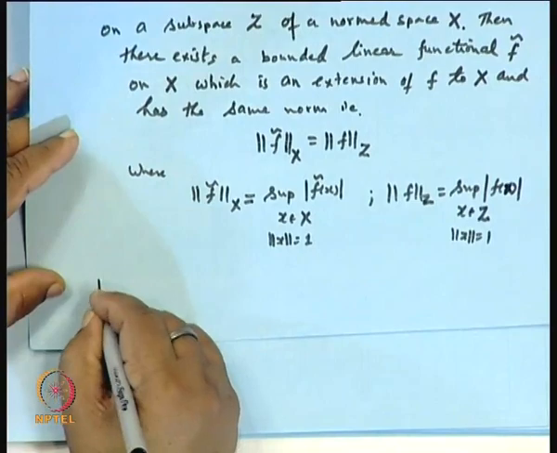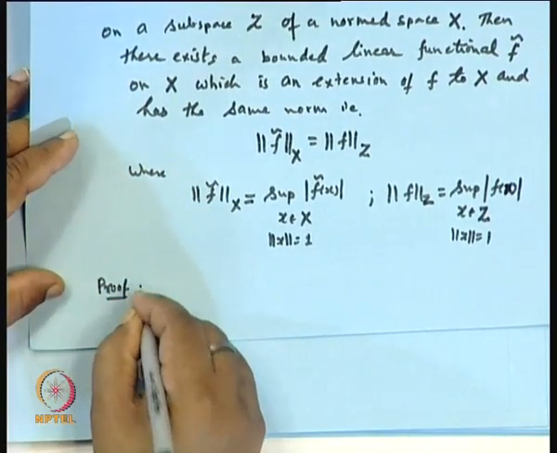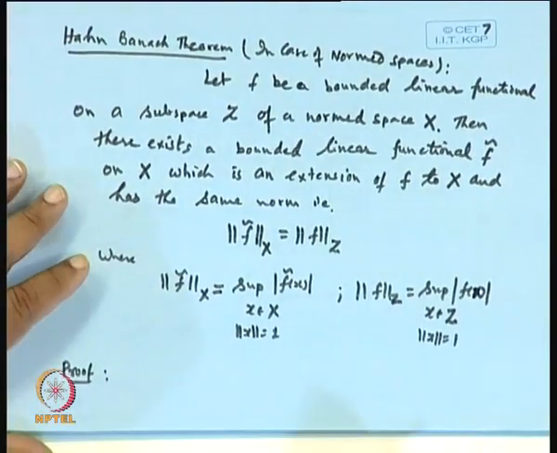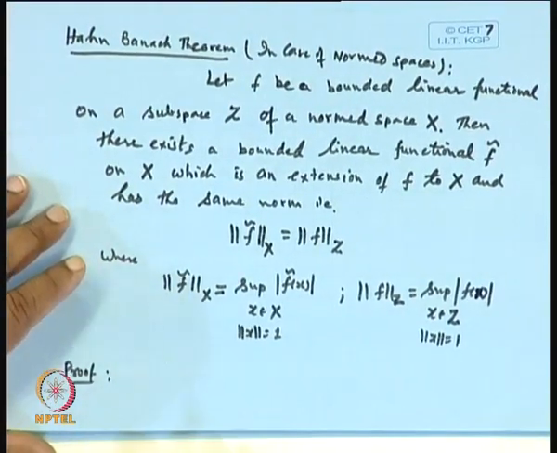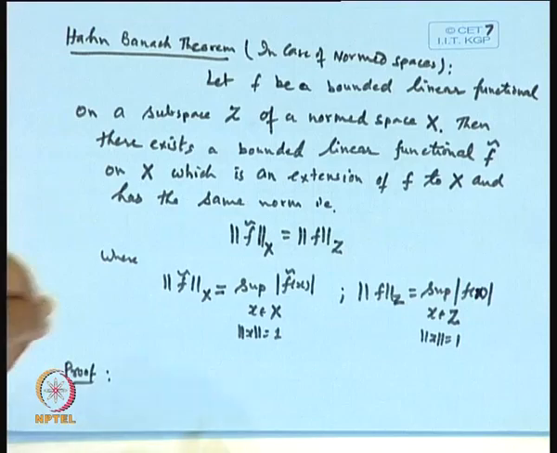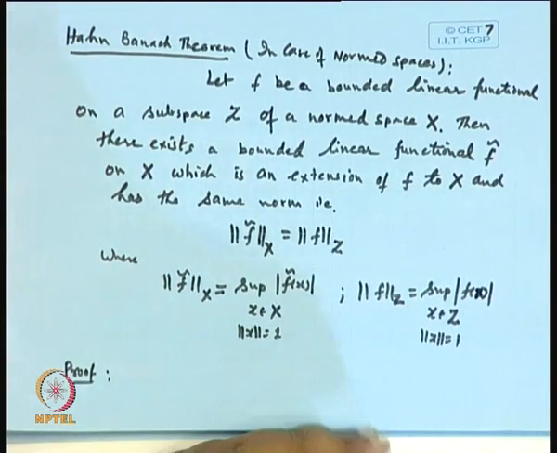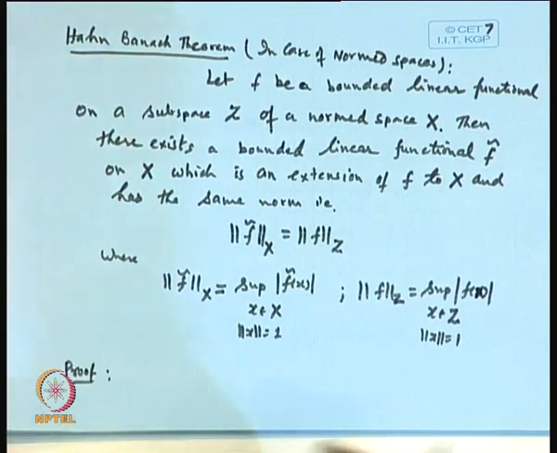The proof of this theorem is easy. What we do is, we try to develop a sublinear functional P in terms of the norm of f over Z, and once the sublinear functional is established and f is dominated by it, with f linear on Z, then by using the Hahn Banach theorem for the real vector space case, one can get the result quickly.